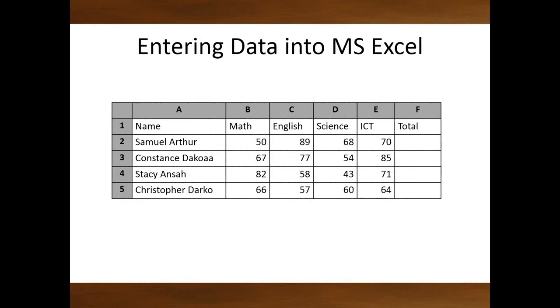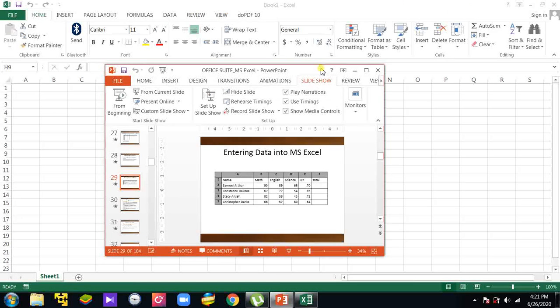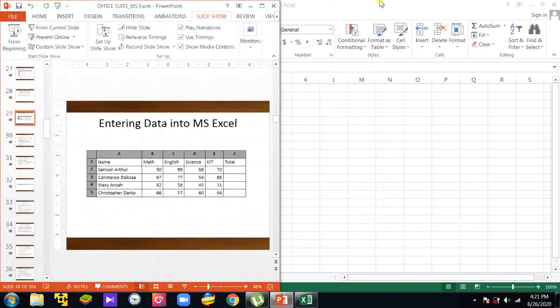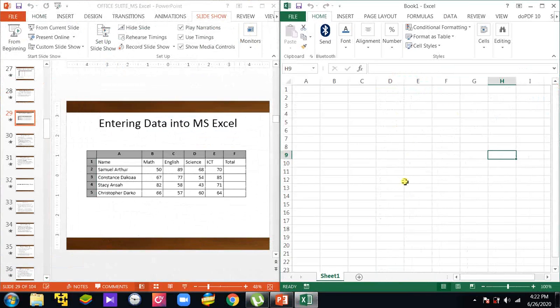Now let us enter some information into the workbook that we created. Let me reduce this and put this side by side. Move it here. So we are told to enter the information as we have here.